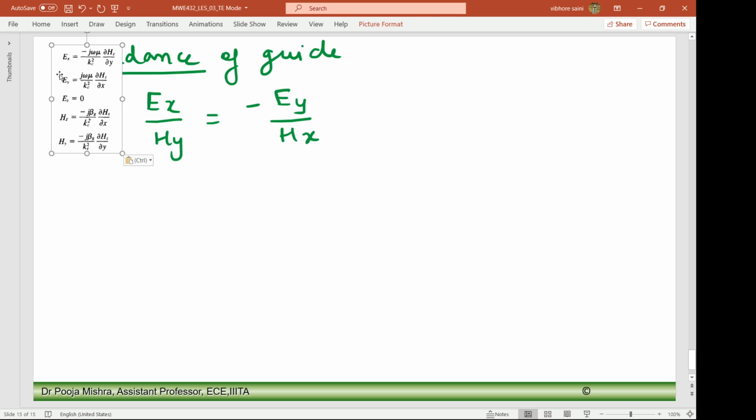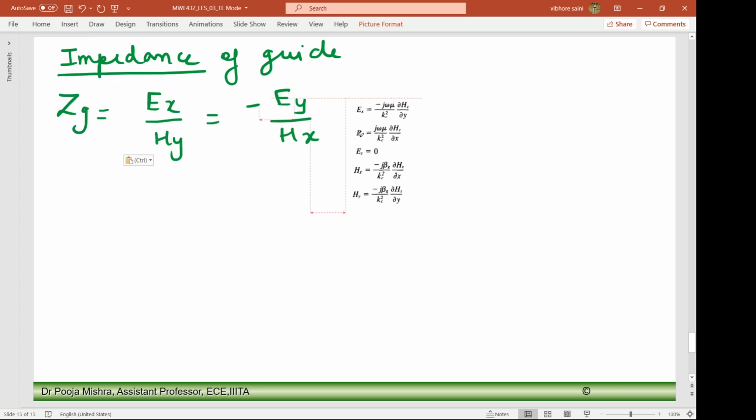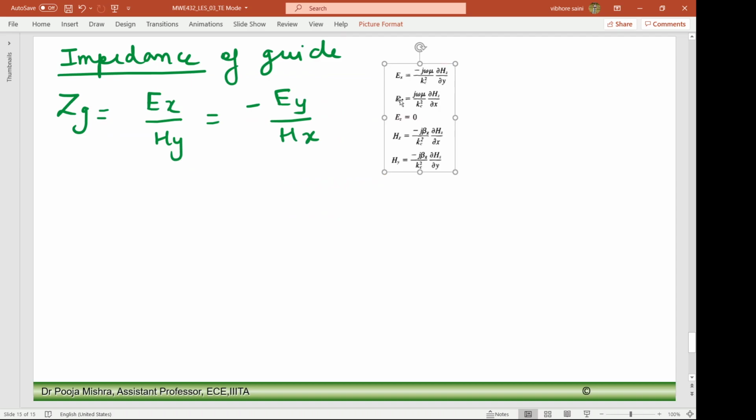So Ex by Hy. What is Ex by Hy? See, from these equations Ex by Hy is equal to omega mu by beta g.